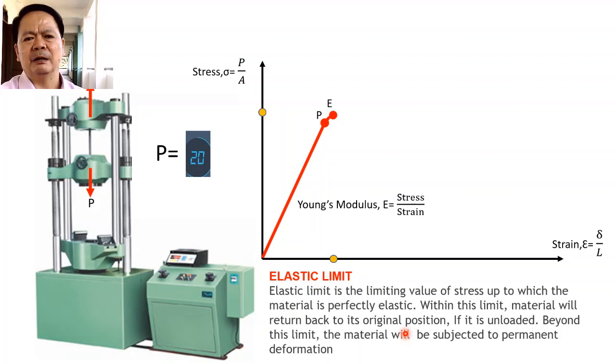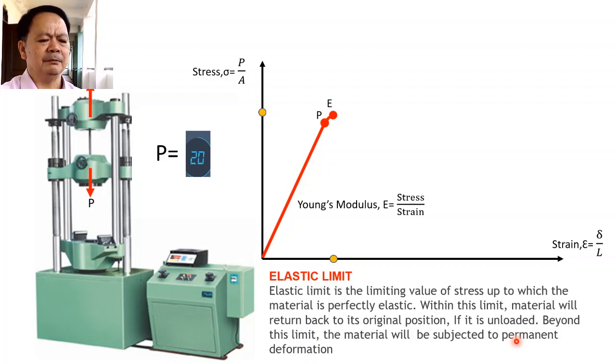Meron pa siyang kakayahang makabalik sa kanyang position, sa kanyang form, sa kanyang shape when the material is unloaded. And once this stress is reached, the material can no longer return back to its original form at nagkakaroon siya ng tinatawag nating permanent deformation.